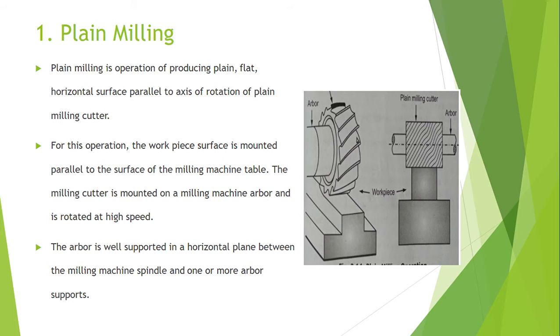The arbor is well supported in the horizontal plane between the milling machine spindle and one or more arbor supports. The depth of cut is adjusted by rotating the cross feed screw of the table, and the operation is also known as slab milling. You can see the slab, that means the flat surface, which is manufactured in this kind of milling operation.